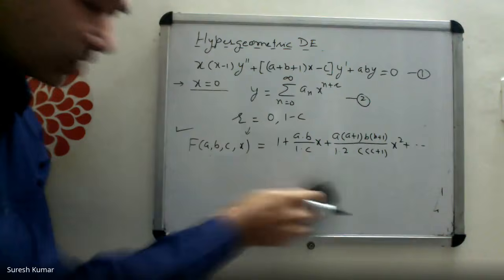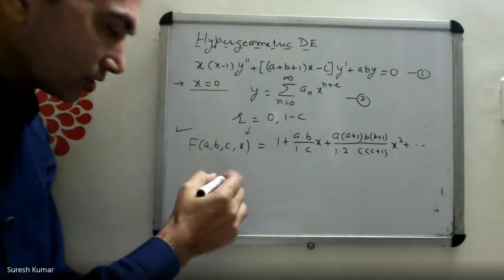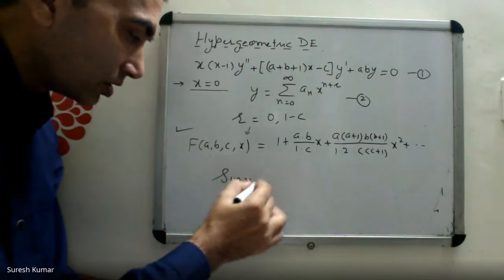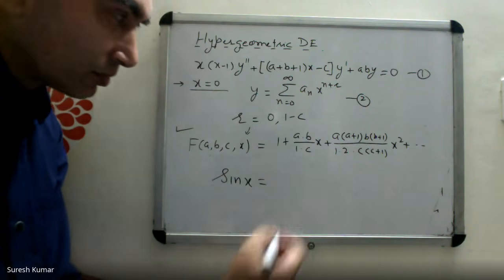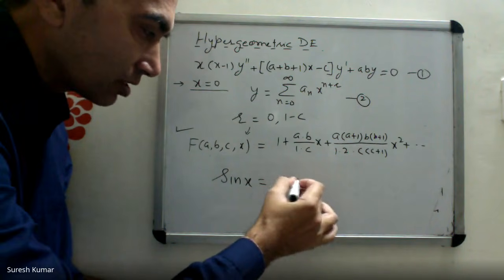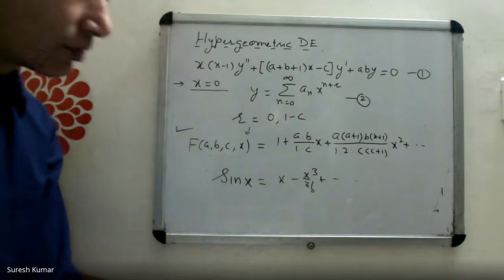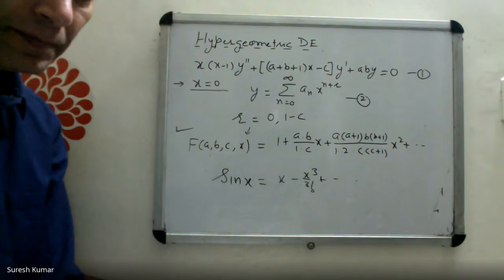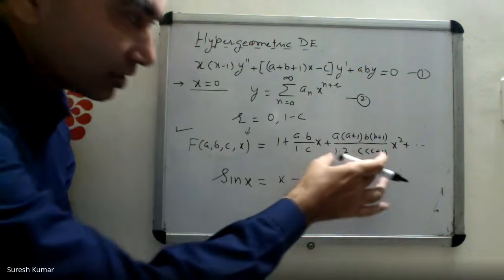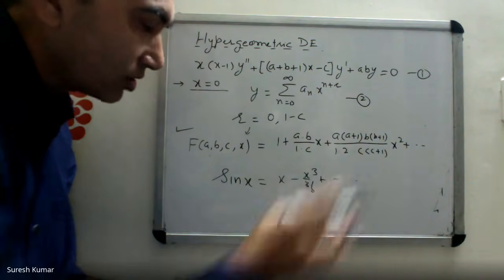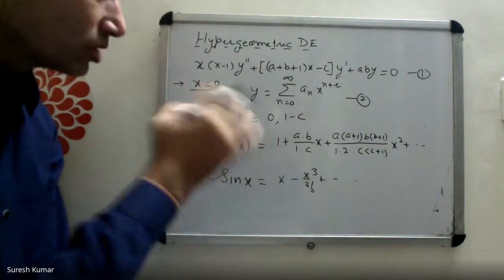You know, functions can be expressed in terms of infinite series. For example, sin x you can write as x minus x cube over 3 factorial and so on. So you can think like this: this is a power series, and suppose it converges to some function.